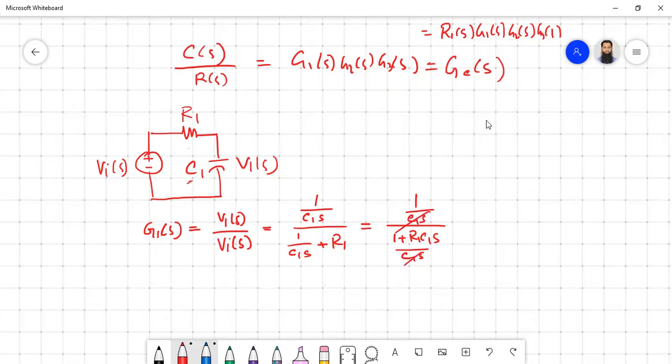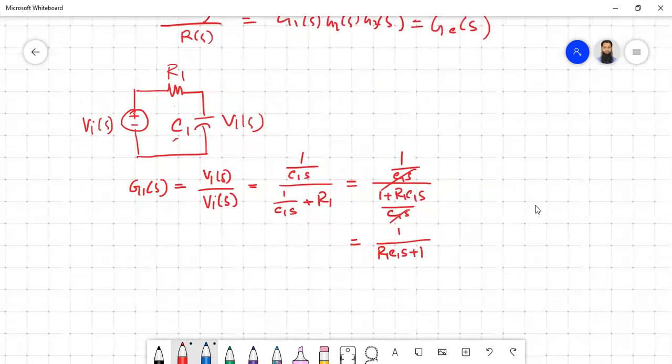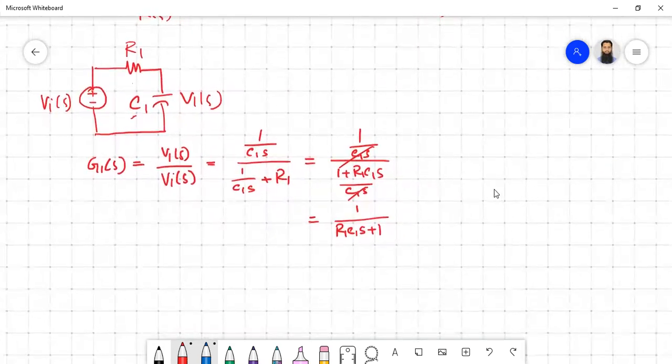So what we get here is 1 by R1C1S plus 1. But we generally don't keep the coefficient of S, so we can divide it. Now what we will get is 1 by R1C1 over S plus 1 by R1C1.